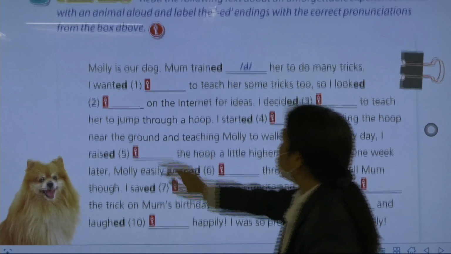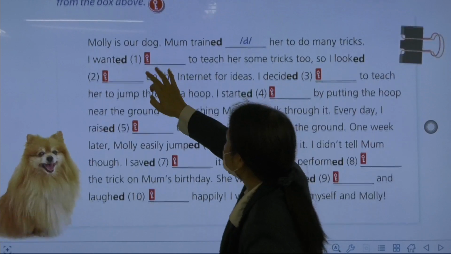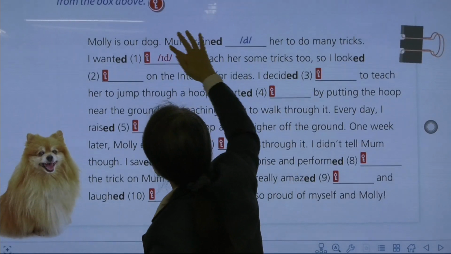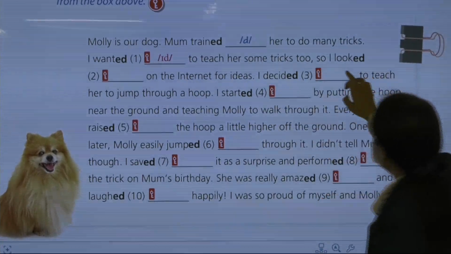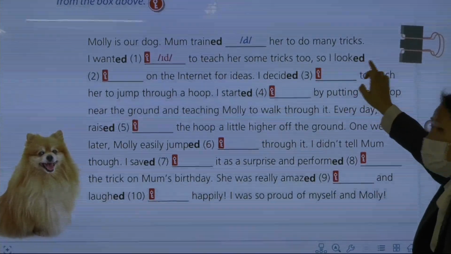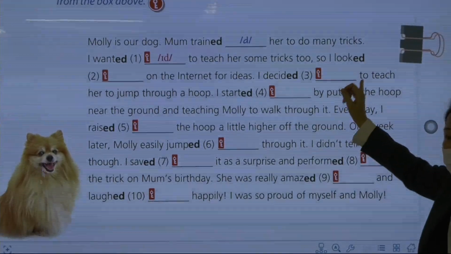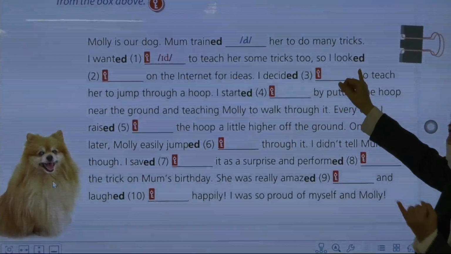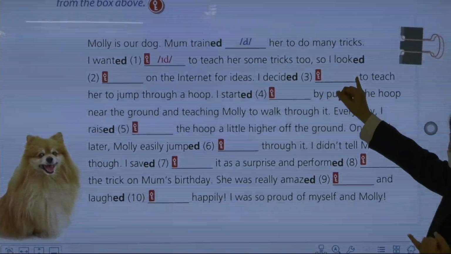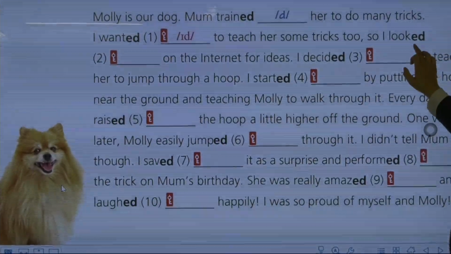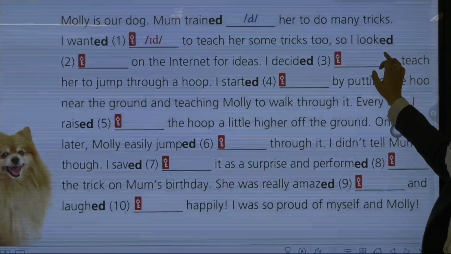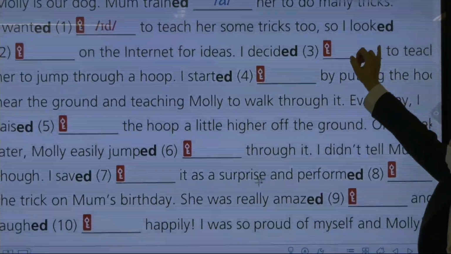And K-E-D: remember, P, S, K, we pronounce it as /t/. So this is locked.